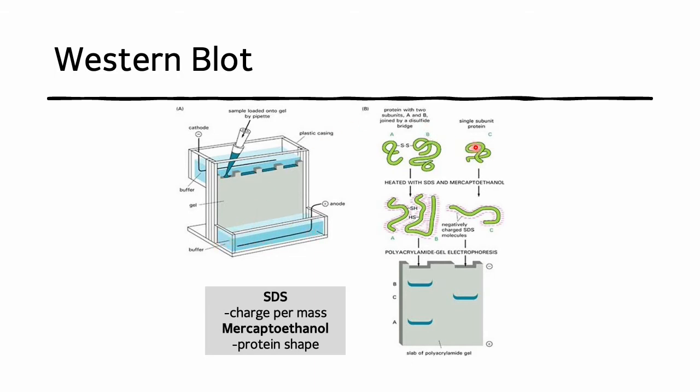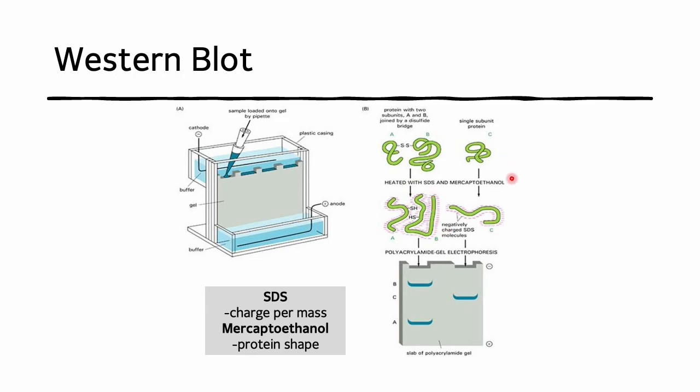And what SDS is, you can see this pink negative charge here. This pink charge is what SDS does. SDS has a negative charge, and with SDS in the sample, protein is coated with SDS, and along with SDS we add mercaptoethanol, and we heat the protein samples.